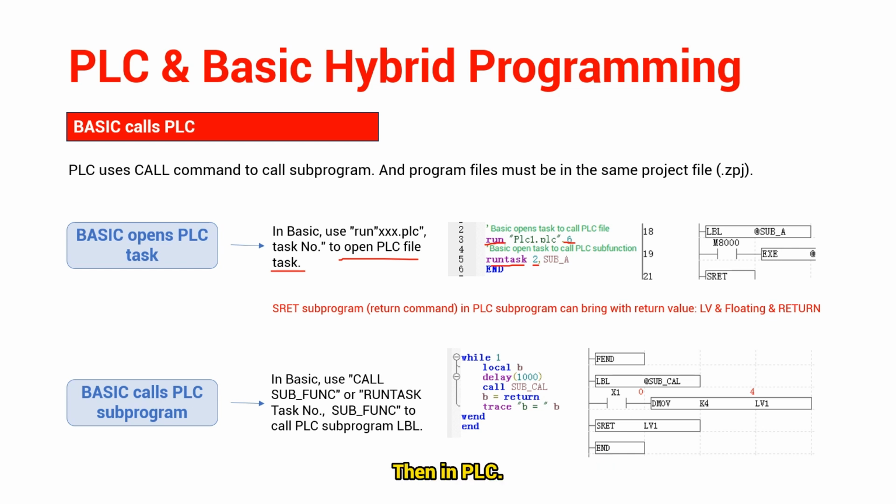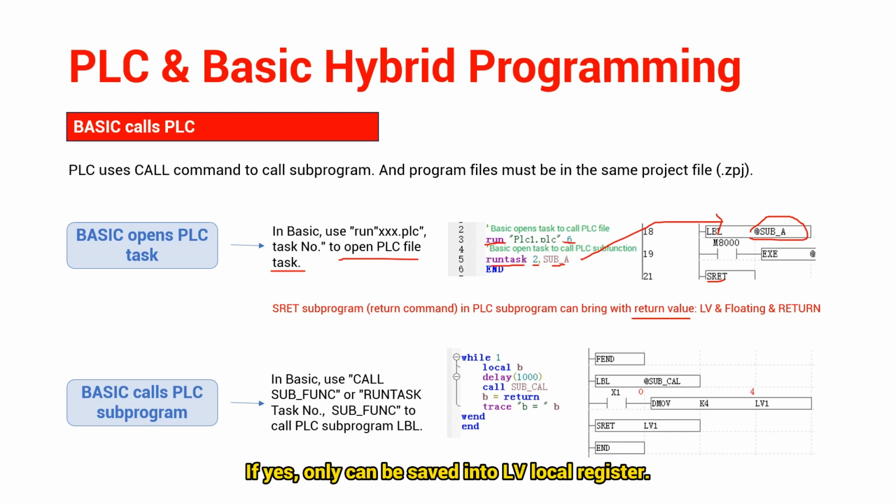Then in PLC, call sub A, a subprogram, a separate task. SRET can bring with return value or not. If yes, only can be saved in LV local register and read it through return. The type is floating point. Therefore, this is open PLC task to call it.